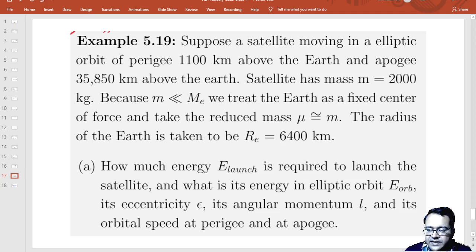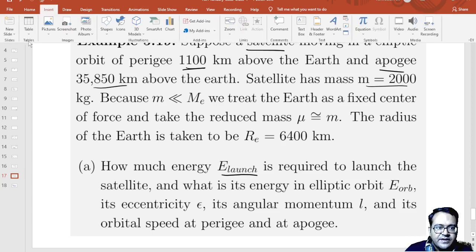The ISRO people need this problem solved because we want a satellite to go to a perigee and an apogee above the Earth. We know the mass of the satellite, so we should calculate how much energy will be required.